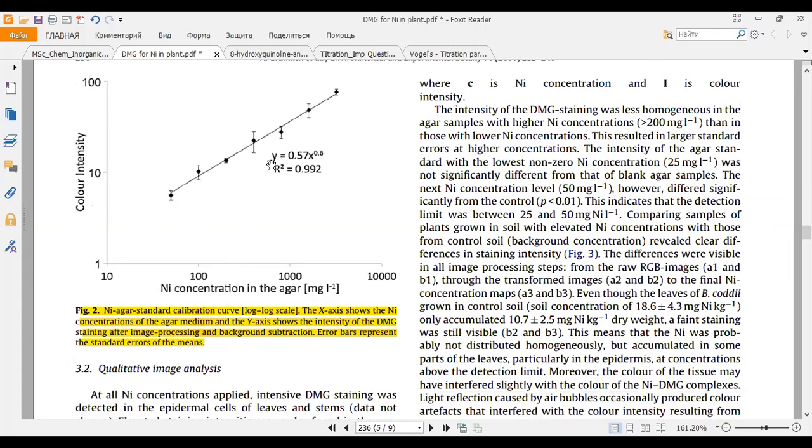And the calibration plot equation is y equals 0.57 x to the power 0.6. The R square value shows you how well the data are related to each other. It is very, very good. 0.99 is very good. Okay.